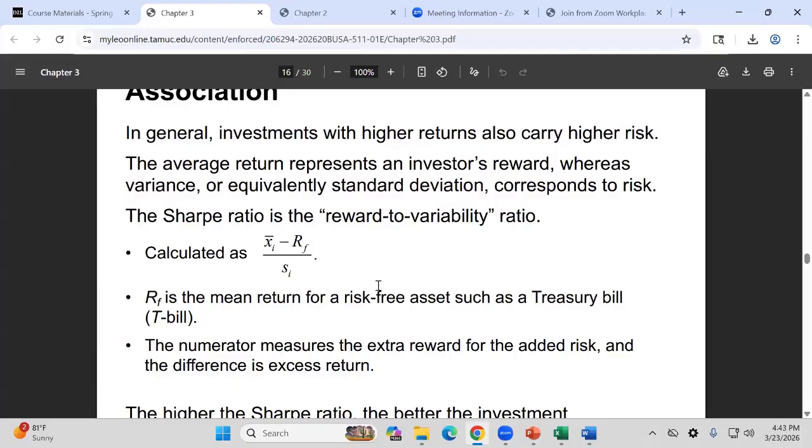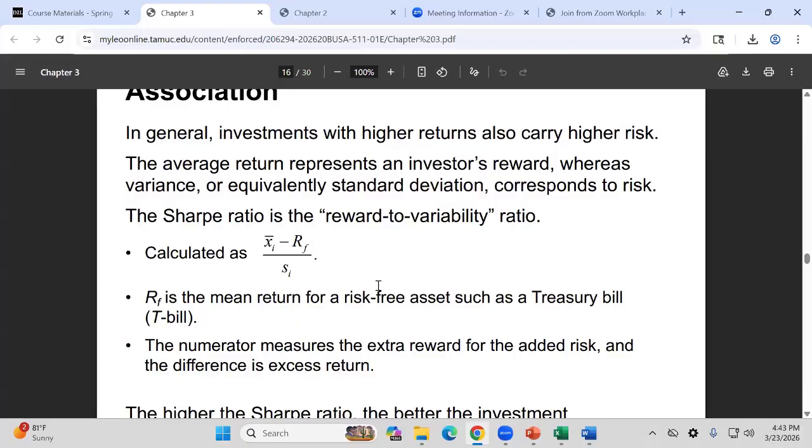You use the return of the stock you are investigating minus the risk-free rate. Usually that will be like a 10-year US government bond rate, treasury rate, right? Because you are calculating the additional profit you can get, that's why you need to subtract the risk-free rate.